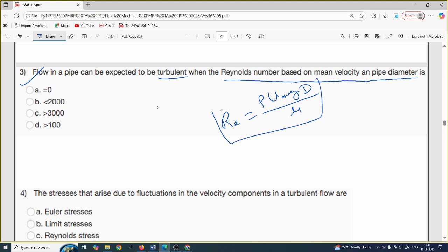Based on this equation, when will your fluid be turbulent: when the Reynolds number is 0, less than 2000, greater than 2000, greater than 3000, or greater than 100. So based on the options only, don't remember the final value. Here, based on the options, try to understand which option may be correct.